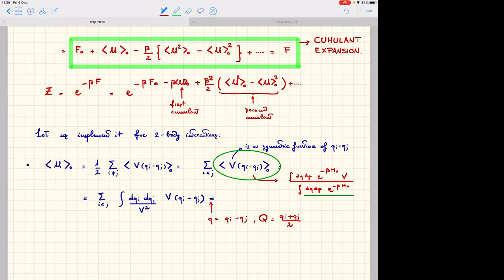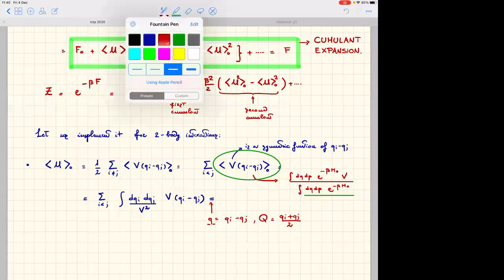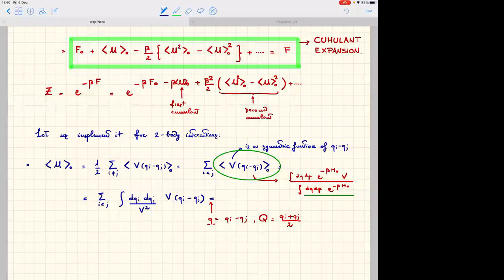Now you see that v depends only on little q, not on big Q. And I leave it to you as an exercise to compute that the Jacobian of this transformation of variables is equal to 1.